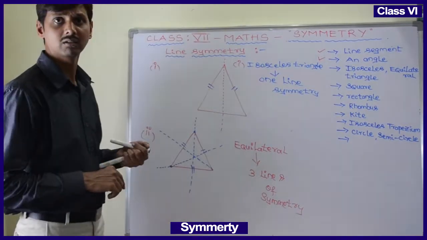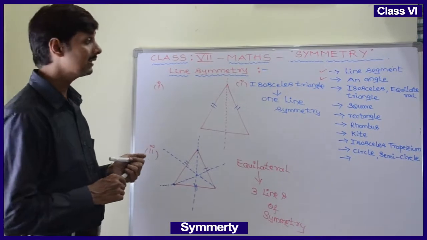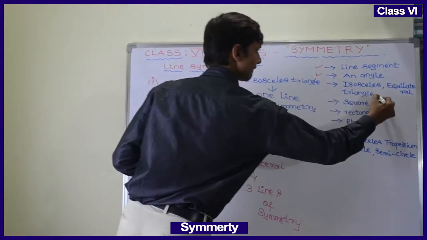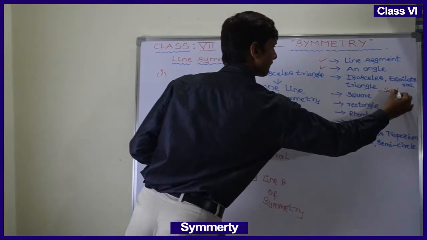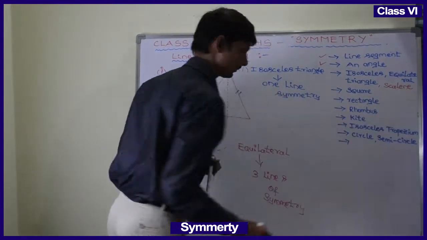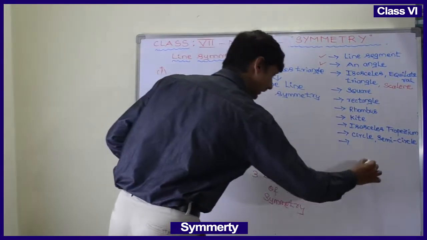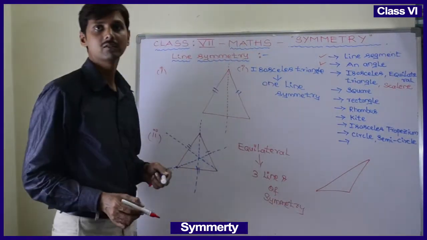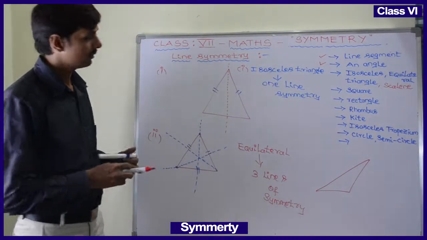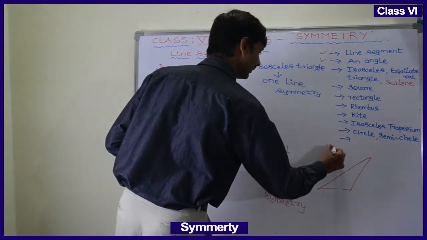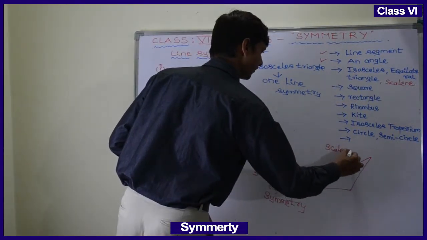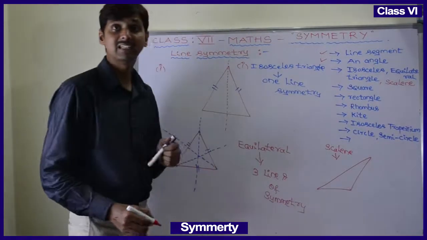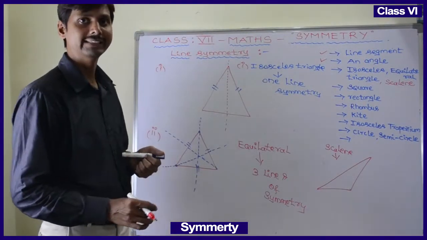So let's draw a scalene triangle. In an equilateral triangle all the three sides are equal, we know that. So here we take a scalene triangle. In a scalene triangle, three sides are unequal.